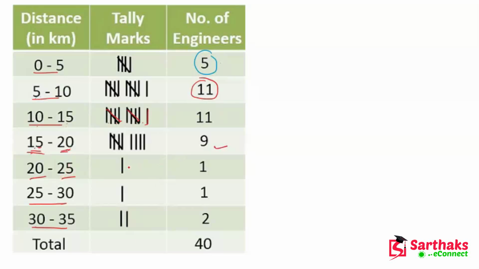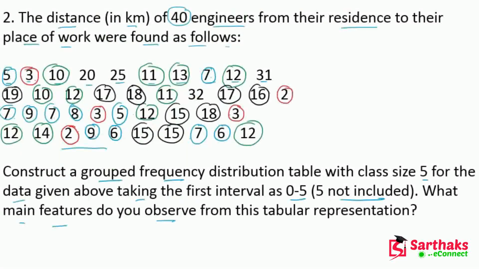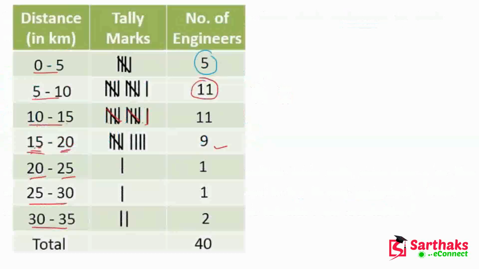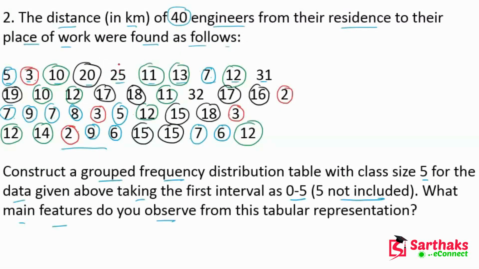Similarly, now 20 to 25. Here there is only one, just 20, and no other distance, so this is just one. Now 25 to 30: similarly there is just one.